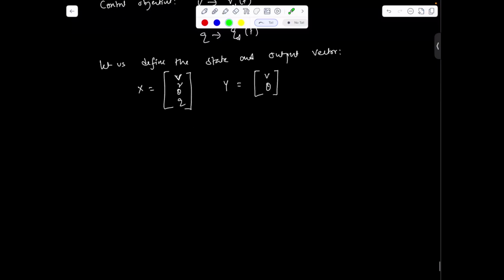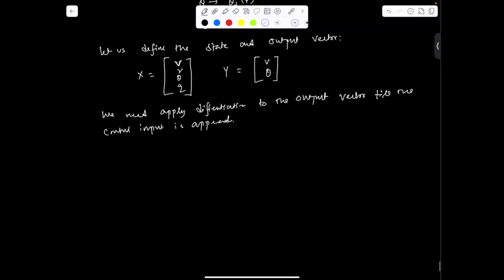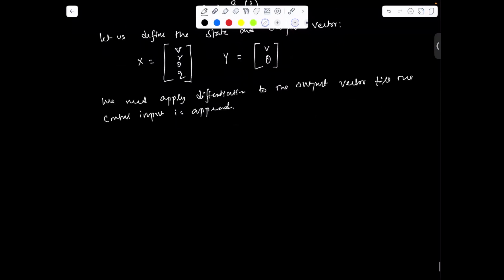So here, what we need to do is apply differentiations to the output vector till the control input appears.